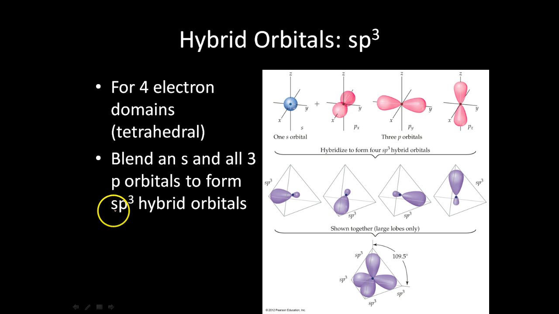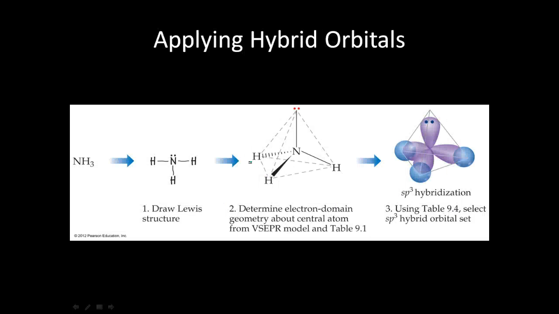Notice that one s and 3 p's add up to 4, so you end up getting 4 hybridized orbitals. You always get out the same number of orbitals as you put in when you throw these atomic orbitals into the blender.